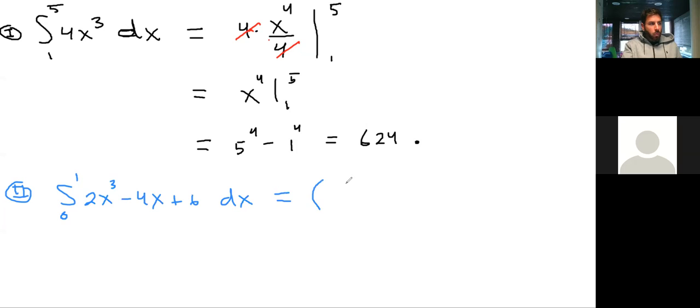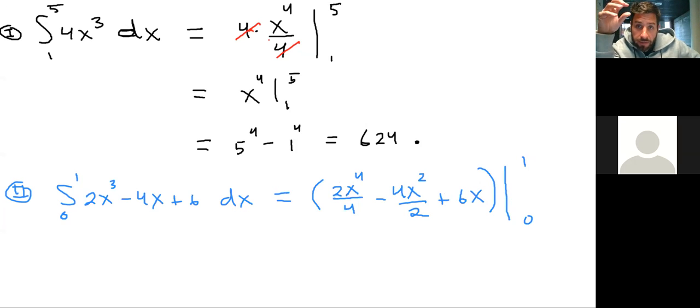So this becomes 2x to the fourth over 4 minus 4x squared over 2 plus 6x, evaluated from 0 to 1. If you're unsure about how I got that, just differentiate it, and you will agree that the derivative of the right-hand side is equal to the integrand.